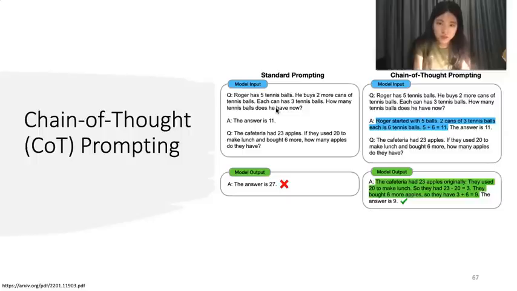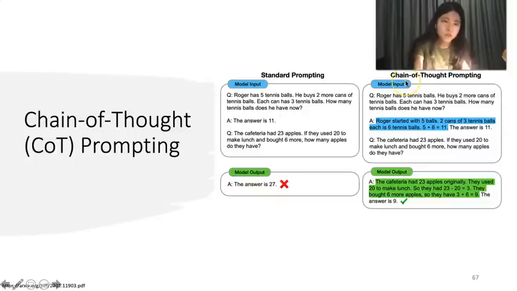How many tennis balls does he have now? The answer is 11. And you ask another question and wait for the answer. This question is, the cafeteria had 23 apples. If they used 20 to make lunch and bought 6 more, how many apples do they have? The answer is 27, which is wrong.